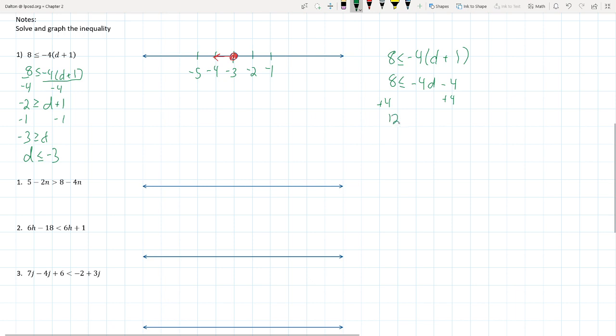So I get 12 is less than or equal to -4d. Divide both sides by -4. And I get -3 is greater than or equal to d. And if I flip the sides, make sure that my arrow is pointing towards the d when I do that. d is less than or equal to -3. Same answer, two slightly different approaches, though you wind up doing the same thing in the end.